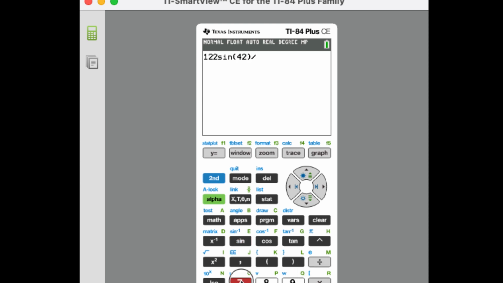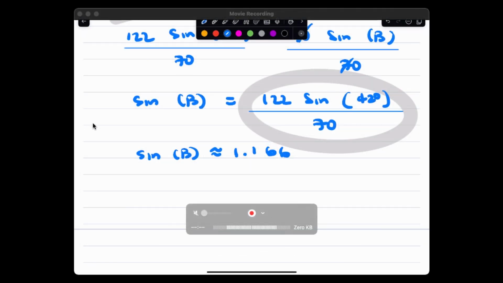Divided by the number 70 in your calculator. See what you guys end up with. What do you get? What is sine B approximated to the thousandths? 1.166.